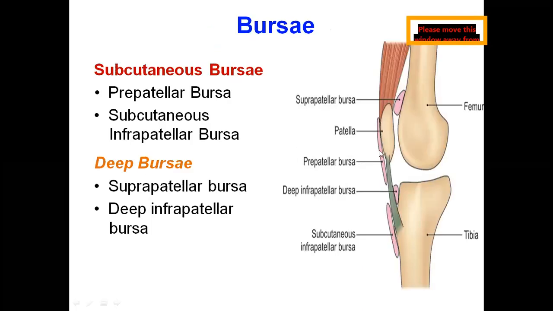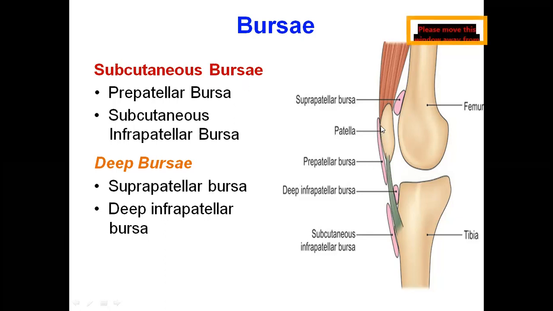Within the front of the thigh, we also come across certain bursae. Bursae are extensions of the synovial membrane, filled with synovial fluid, to give lubrication to points where we have a lot of friction. Just below the skin, we have subcutaneous bursae.